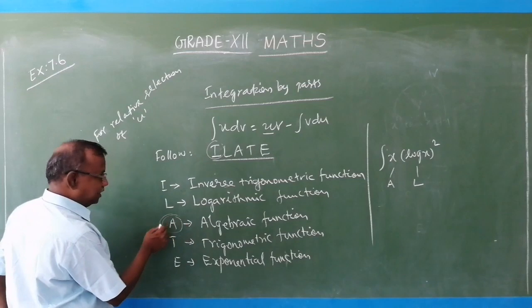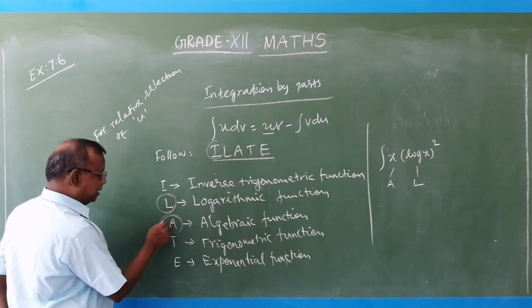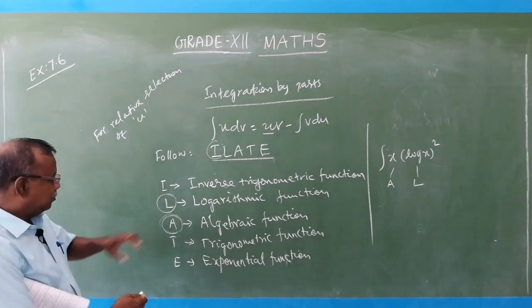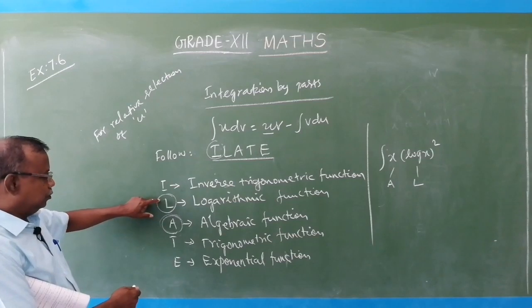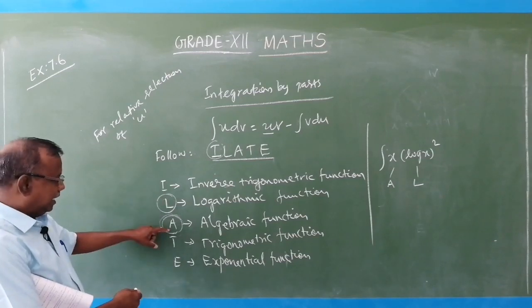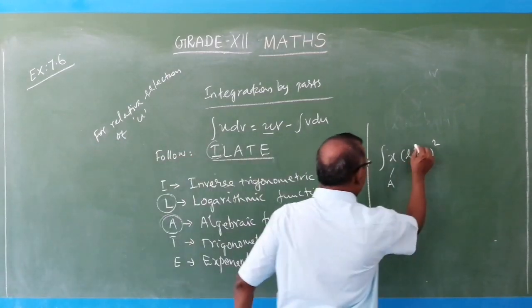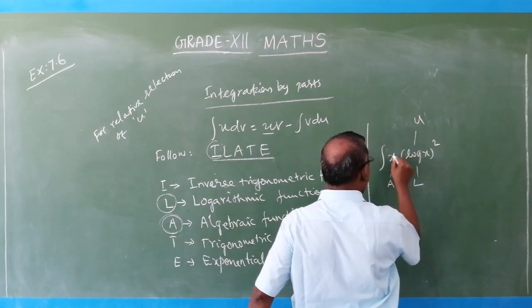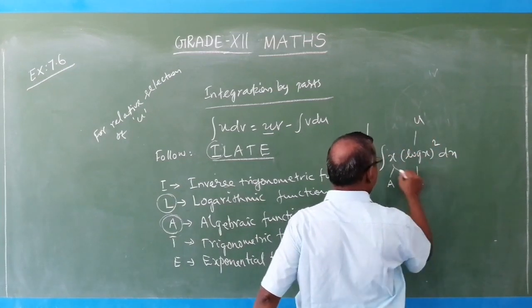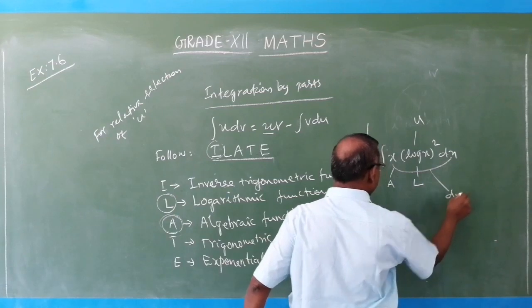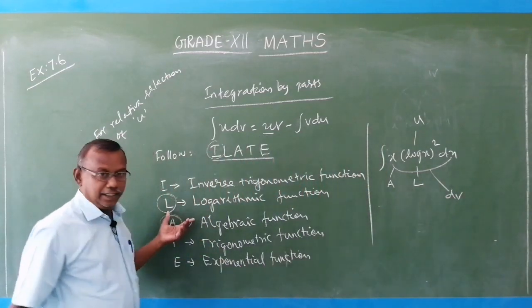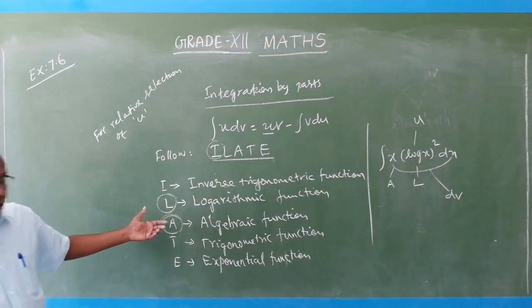First comes L and then comes A, so L is preferably u. Take L as u and x dx becomes dv. This is the way of choosing u and dv.